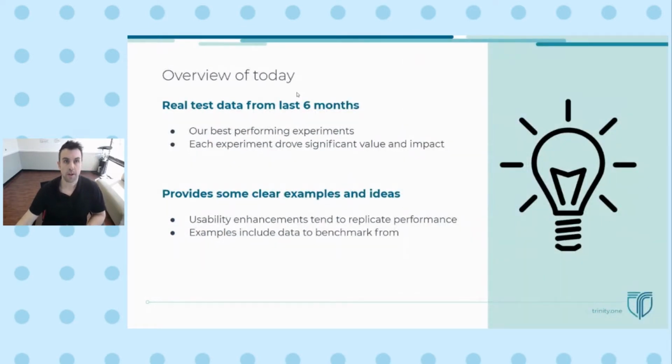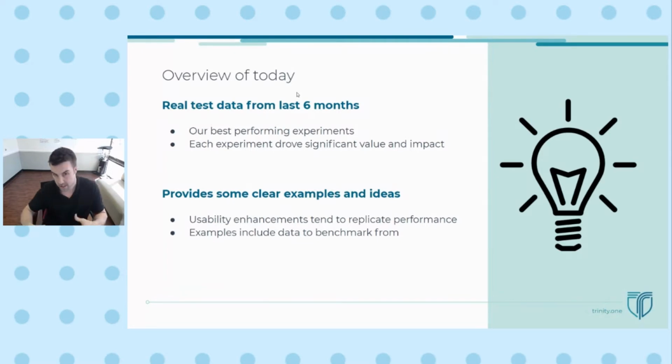As far as what we're going to go through today, I'll spend a little bit of time on a framework, but really the most meat of this presentation is going to be around test data. Some high-performing experiments that we've run over the last 6 months, and what was the value and impact derived from those experiments. We're going to get down to the nitty-gritty. What was the exact specific KPI and the exact specific incremental gain?